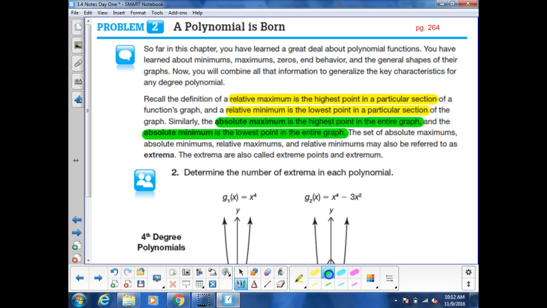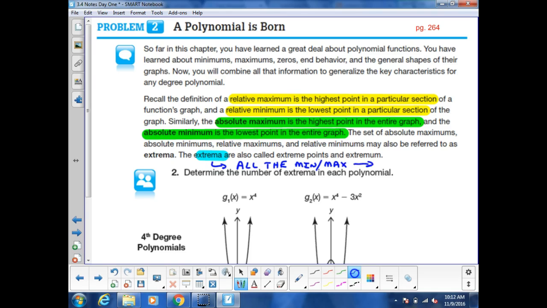Now, extrema are all of the minimums and maximums put together. So it's all the mins and maxes.